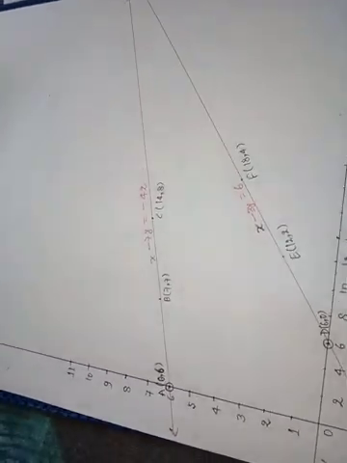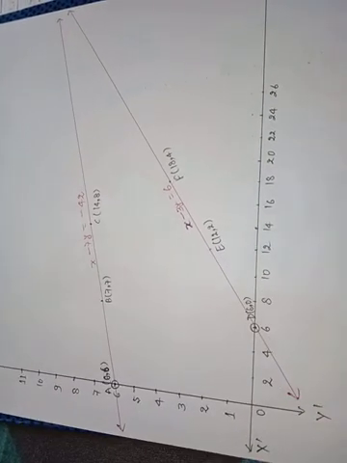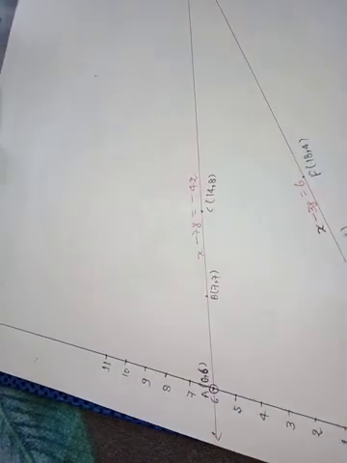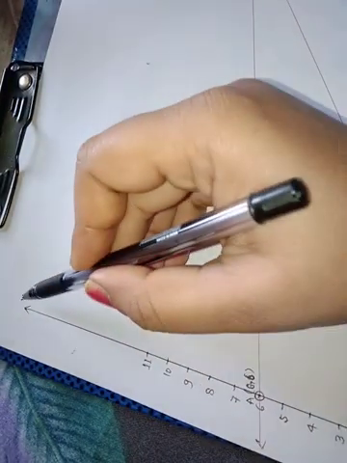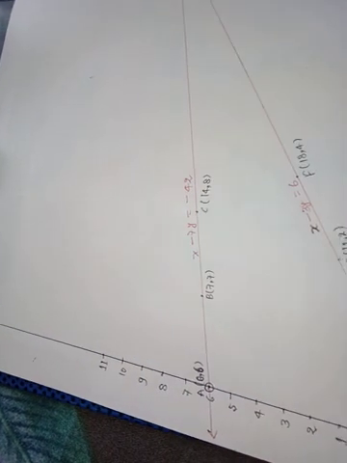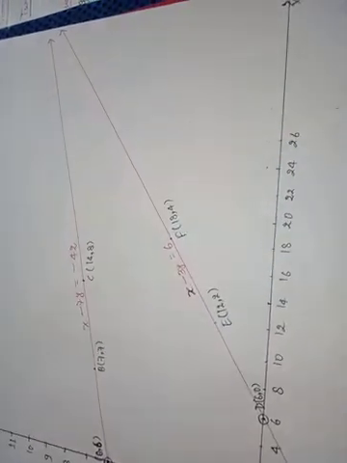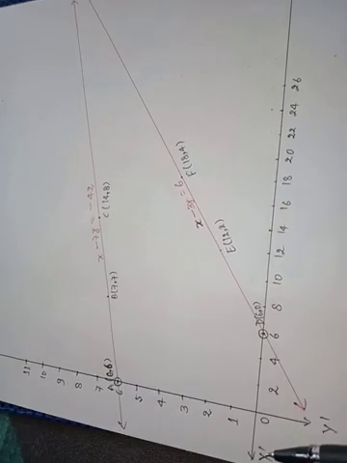Firstly we will divide our graph into 4 parts. This is the x axis and this is the y axis; the y axis is named YOY dash, and this is XOX dash.